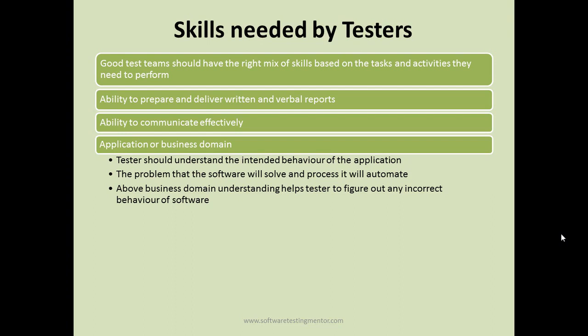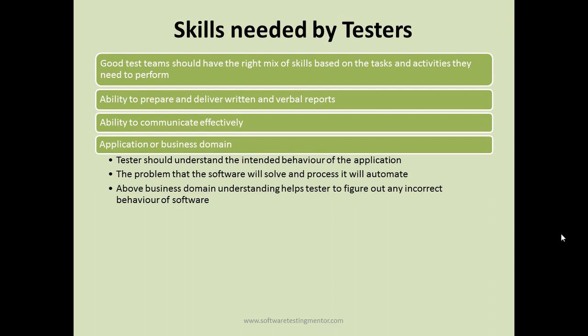You should be able to understand the intended behavior, the problem that the software will solve, and the process it will automate. If you have business domain or application expertise, you will be able to figure out what problem the software is meant to solve. Business domain understanding also helps testers to figure out any incorrect behavior in software.